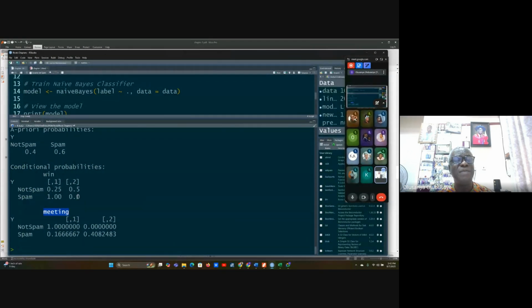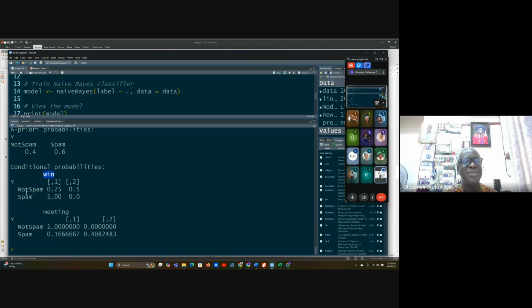If the word when appears, so if an email is spam, you will see here that this is when you have spam and the word when appears there.